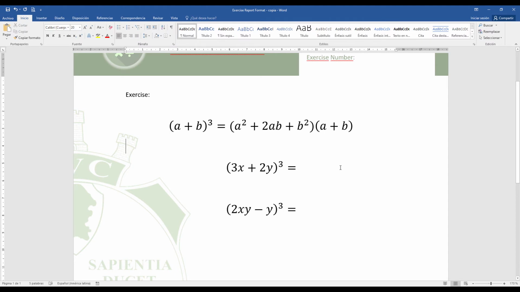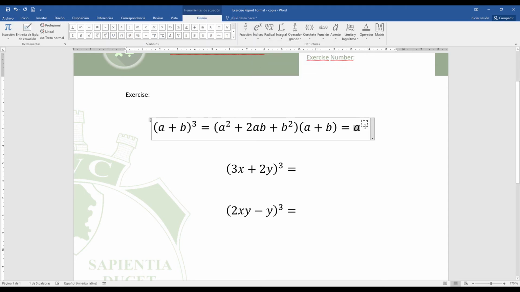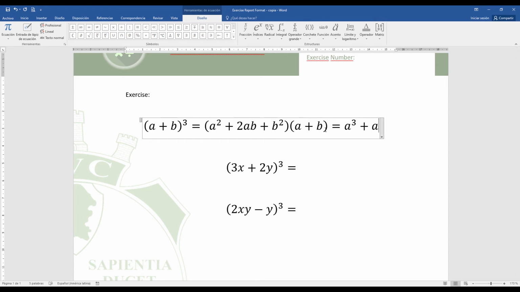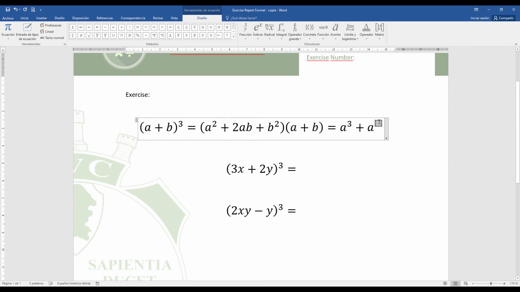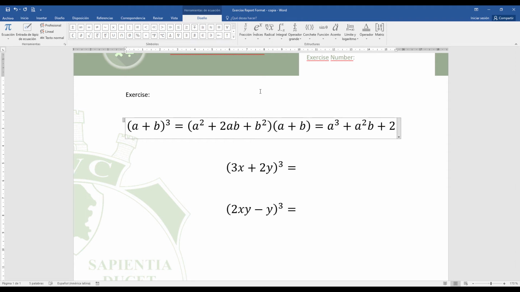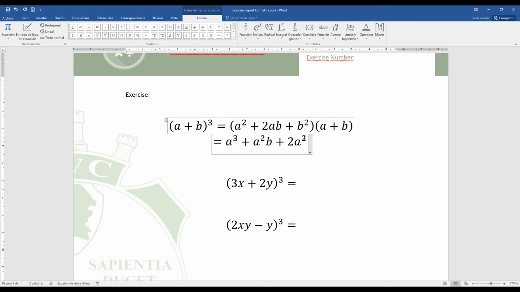So a squared times a, this is a cube, plus a squared times b, this is a squared b, plus 2ab times a, this is 2a squared b. Yes, 2ab times a.